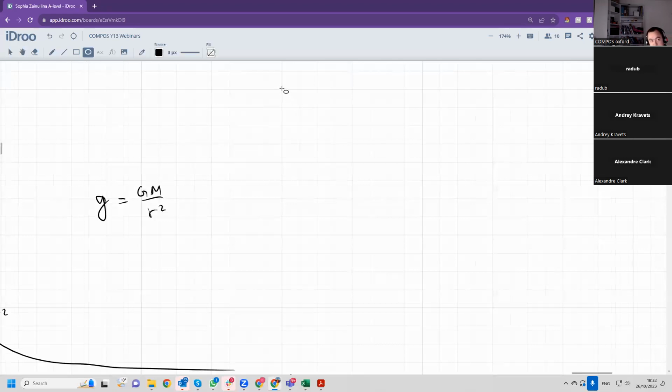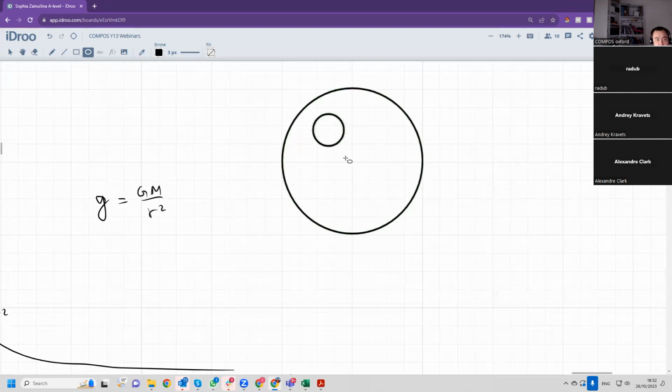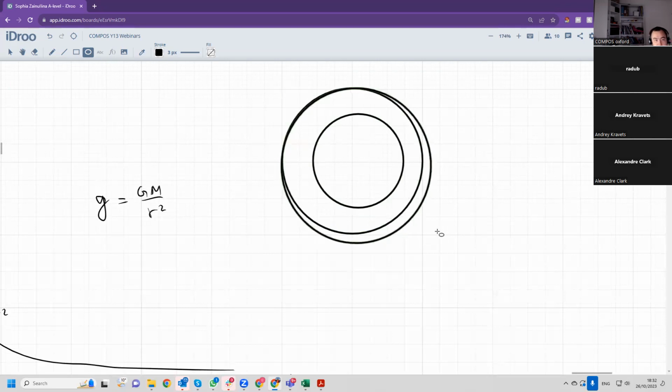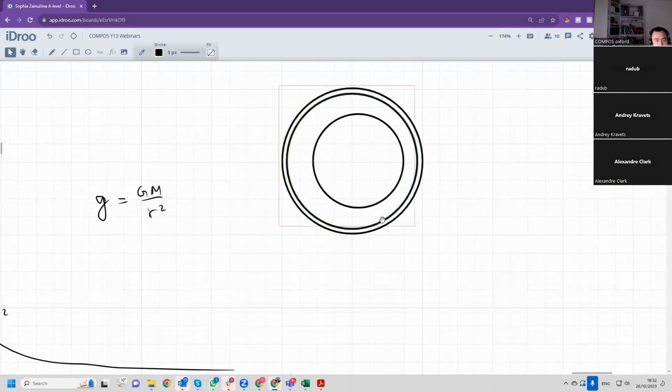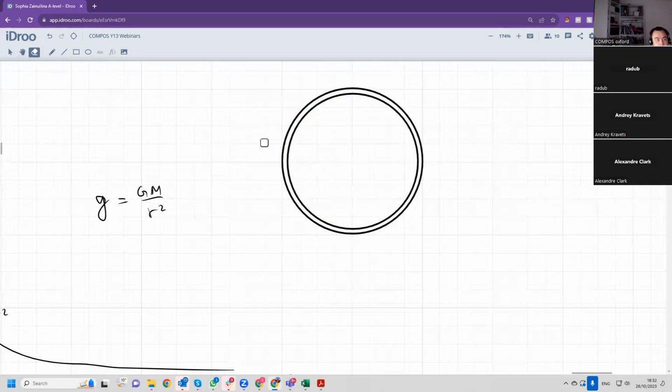One more thing. If you are inside a hollow shell, so imagine the planet is a hollow shell.